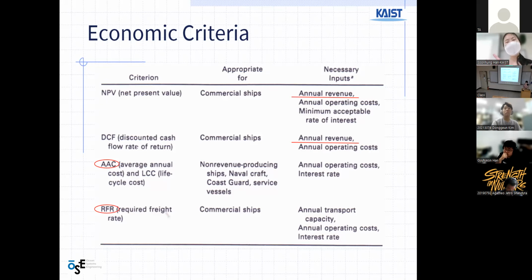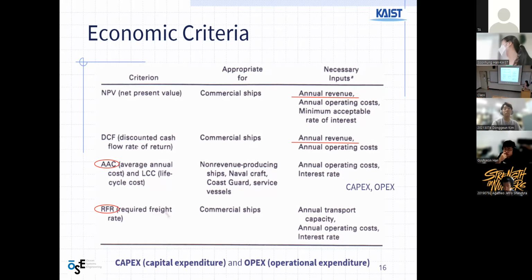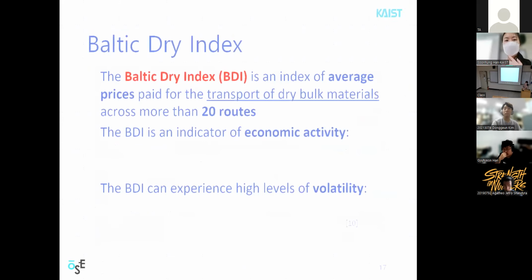It doesn't really have the same meaning as when we transport goods or cargo. And you notice that for AAC and RFR, you don't really have to input an annual revenue, while for the other types of criteria, you have to input annual revenue. Instead, we have to consider what we just talked about, capital expenditure and operational expenditure.